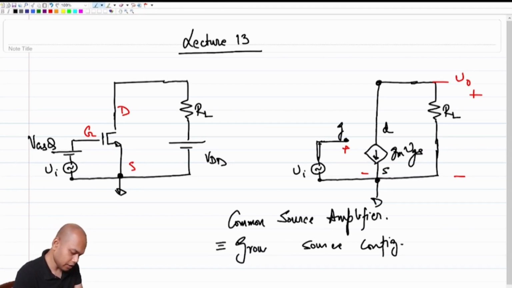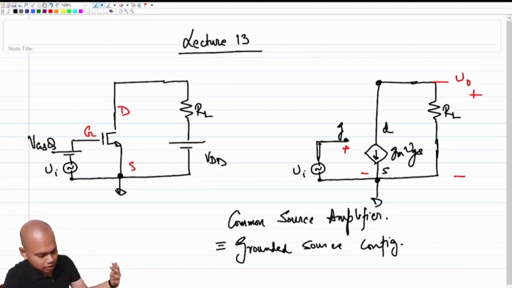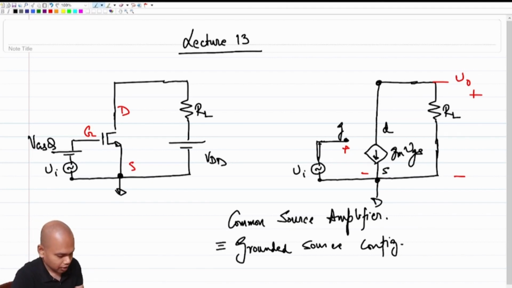I find this terminology a bit more useful because it's much more general while dealing with other configurations as well. However, in the literature, common source amplifier is a generic term, so we will refer to this configuration as common source amplifier. But at the back of your mind, you should have the understanding that whenever we say common source amplifier, we are essentially pointing to the fact that the source is incrementally grounded.